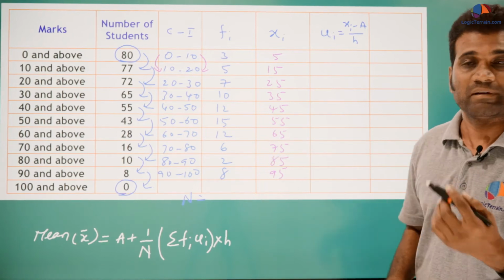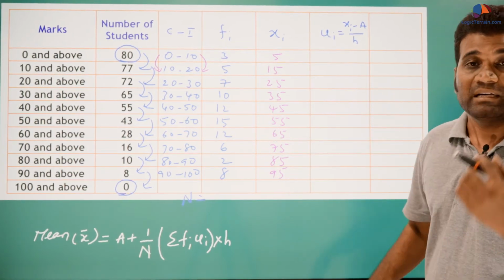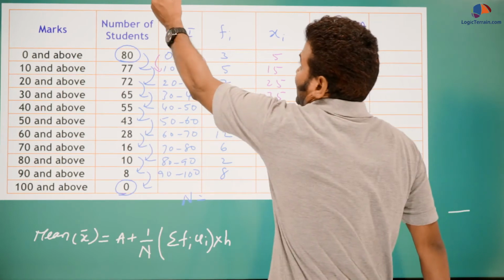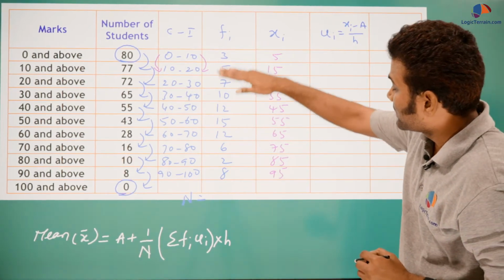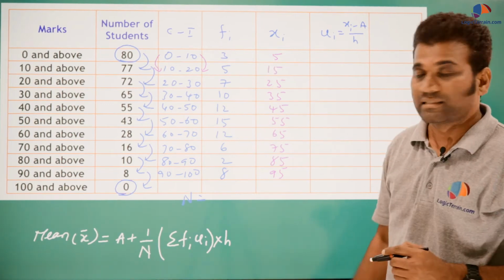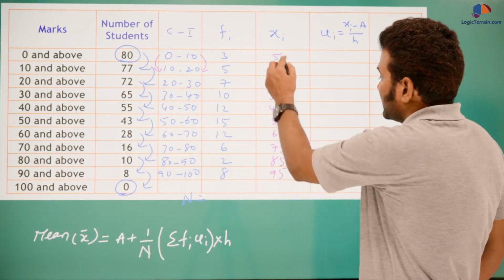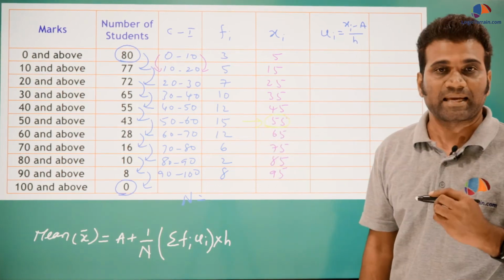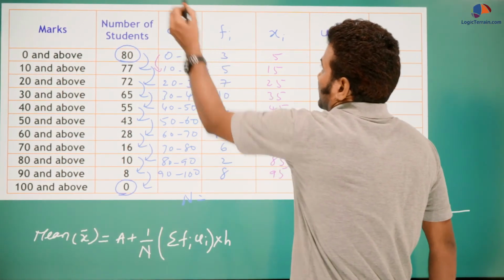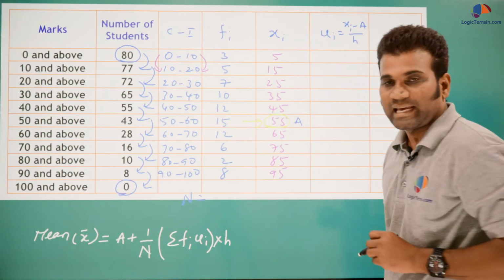In this assumed value, you can assume any one, but for convenience, again, it is a hint, it is better to always take the mid value corresponding to the highest frequency. So you can assume this as a, right?